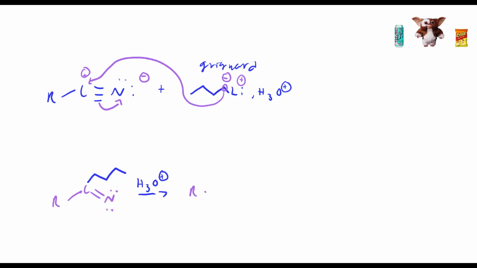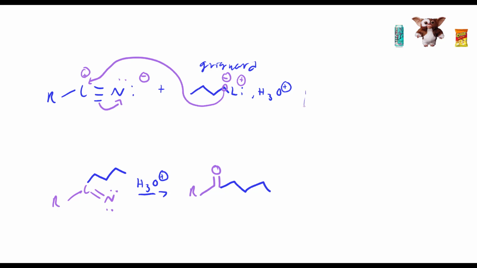So we have R, then we have this one, and then we have our original alkyl group. So it's going to be 1, 2, 3, and 4. So notice I made a ketone, but I added the alkyl group right there.